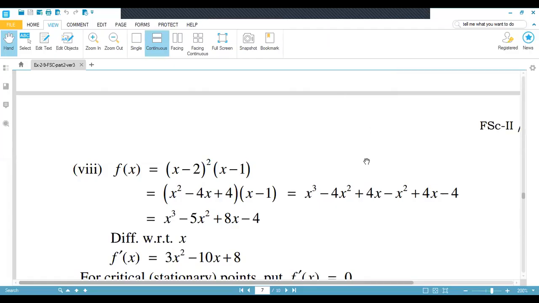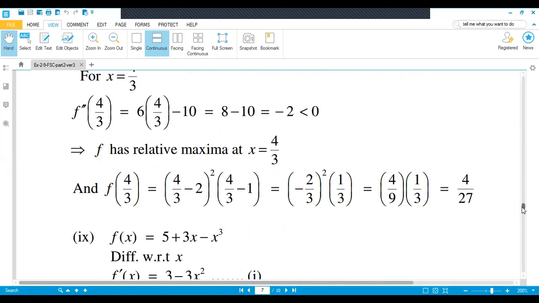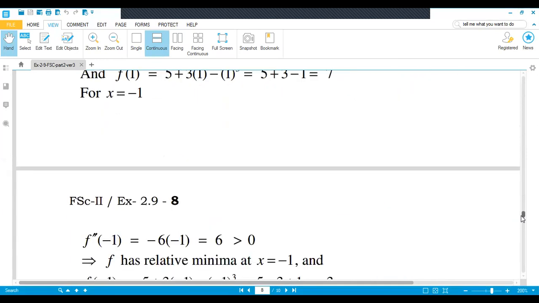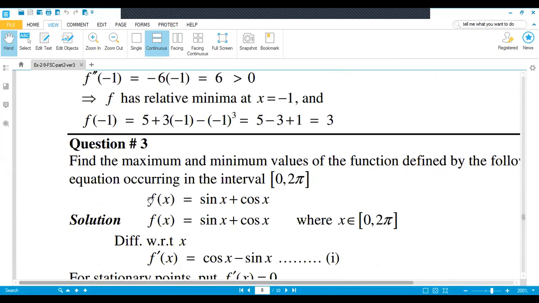First of all, when we want to find whether the function is maximum or minimum, the first step is that we differentiate the function with respect to the given variable. When we differentiate, we get f prime of x.